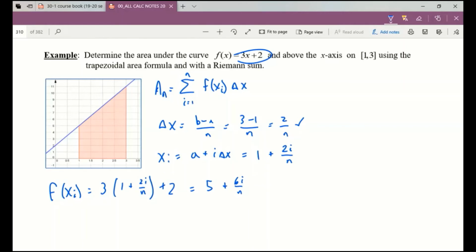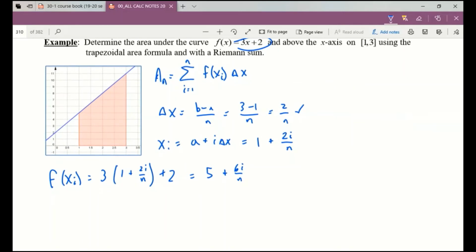So that's all said and done. Now we go back to our area formula. A sub n was equal to the summation of f of x sub i times delta x. i is still going to go from 1 to n. And it ends up being 5 plus 6i over n.